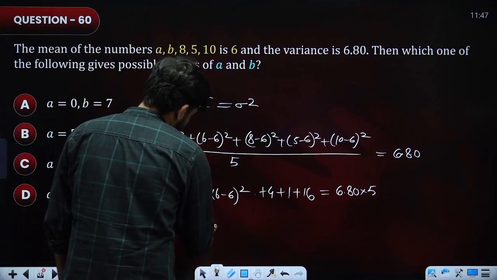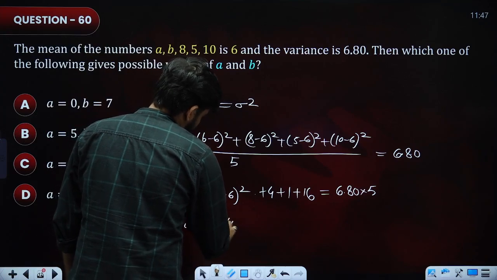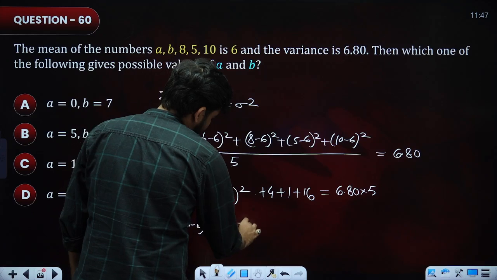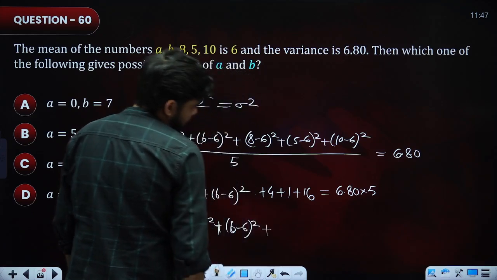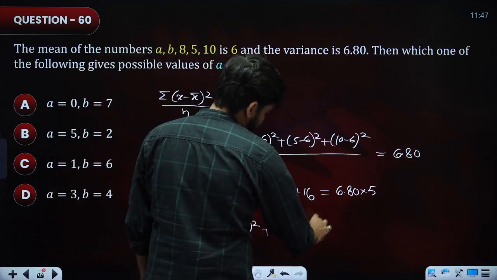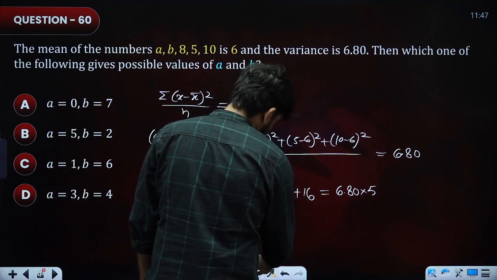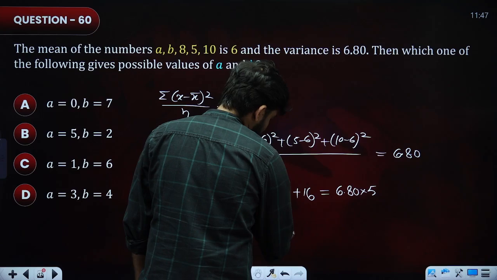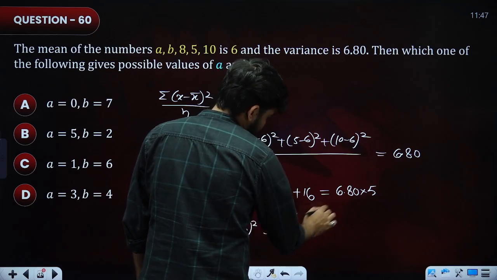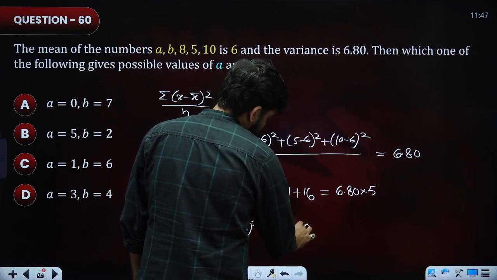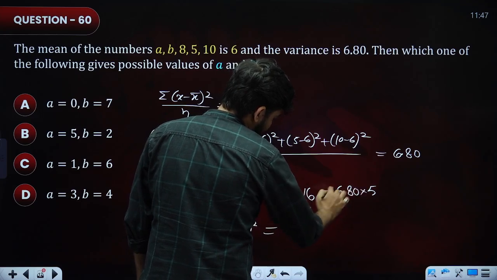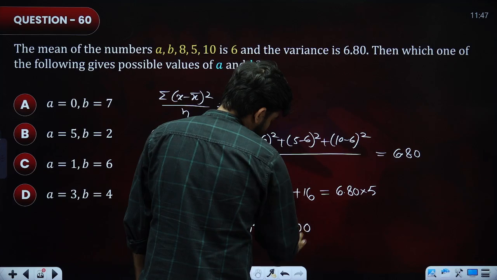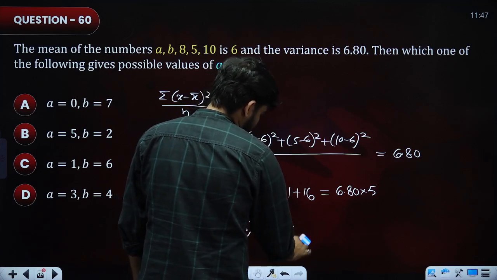So A minus 6 square plus B minus 6 square plus 21 is equal to 34.